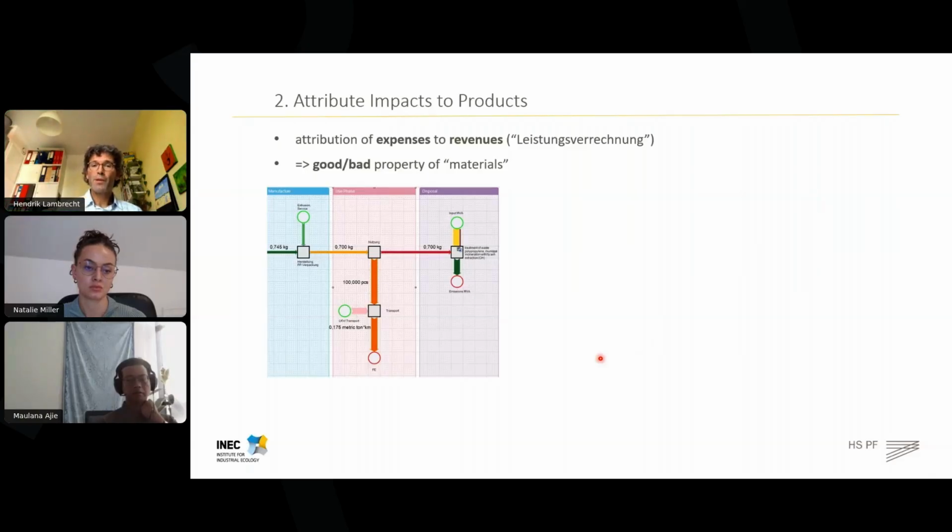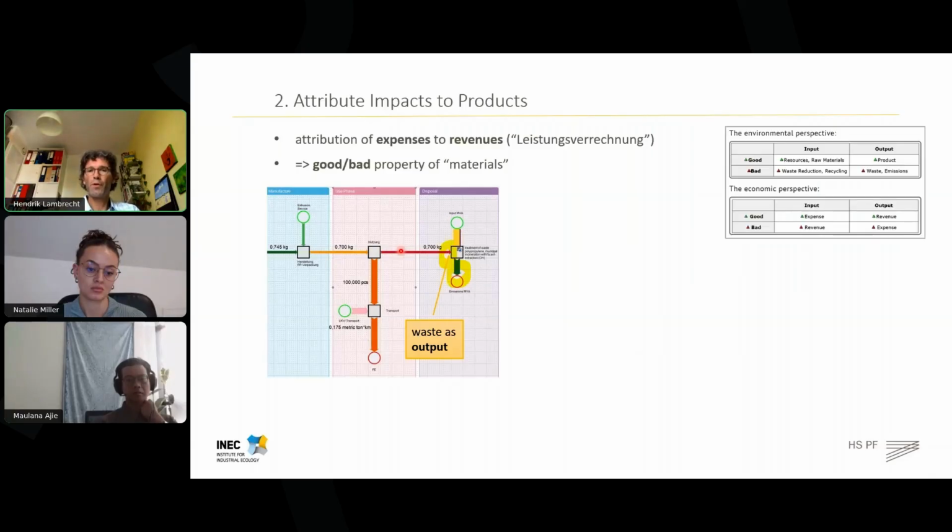Then there is a second very important point when you are switching from the material flow to the LCA stage. As I told you, in the material flow basis, we are looking at those material flows as input-output. Now, if we come to LCA, we have to evaluate those material flows in a very basic manner.